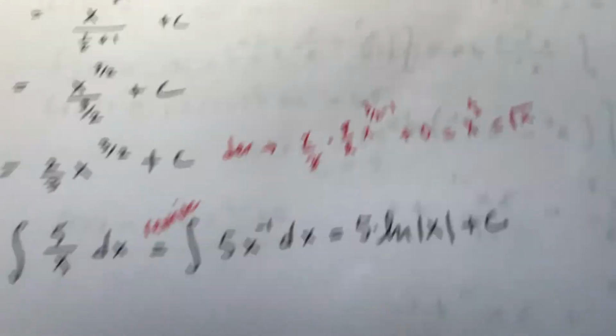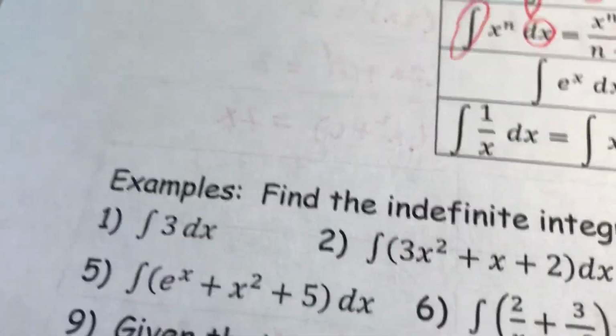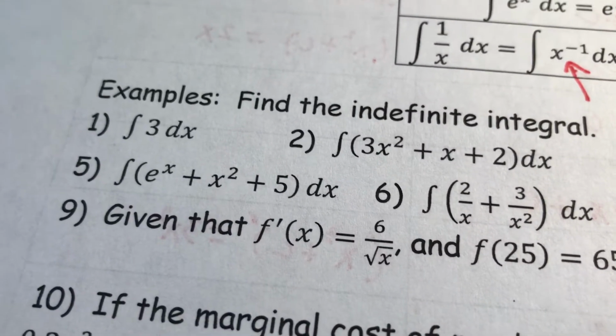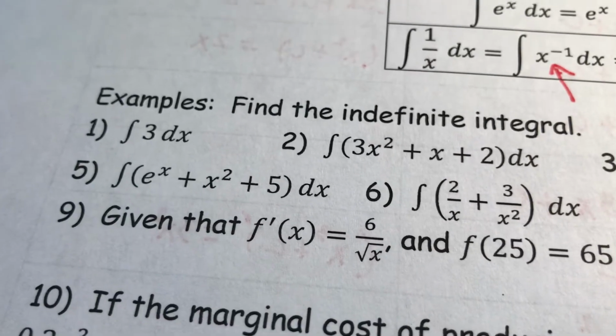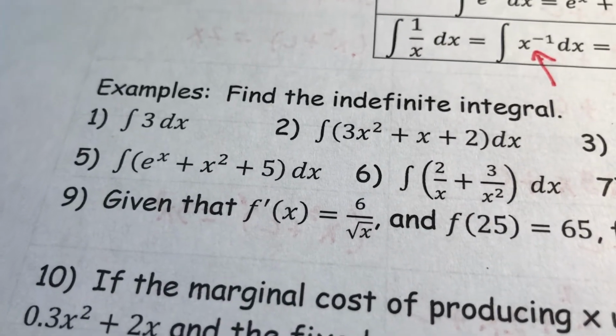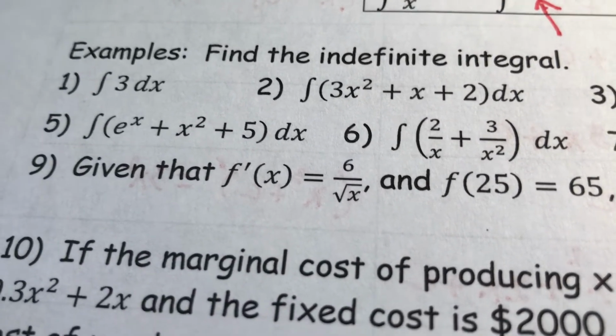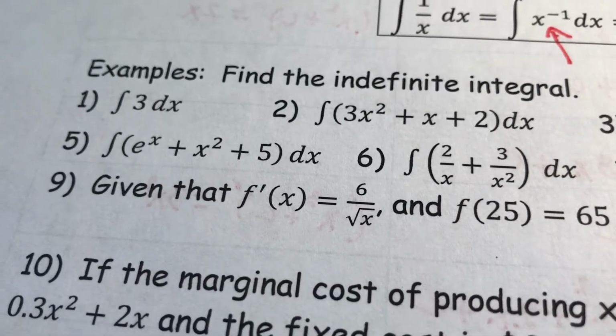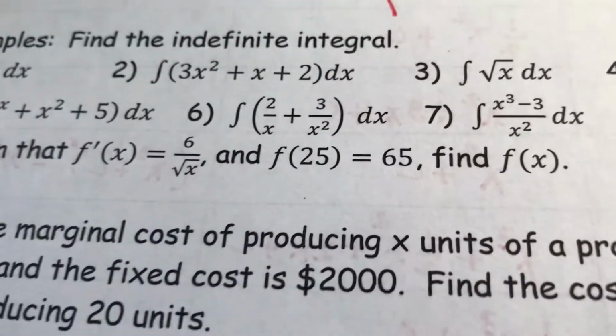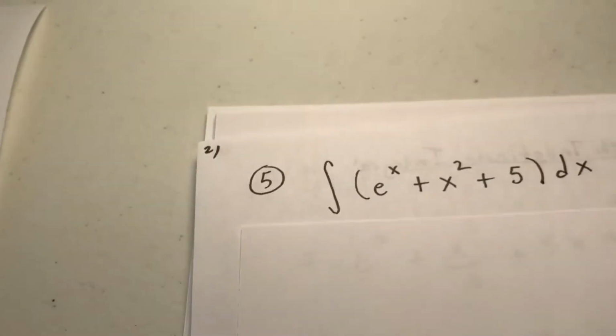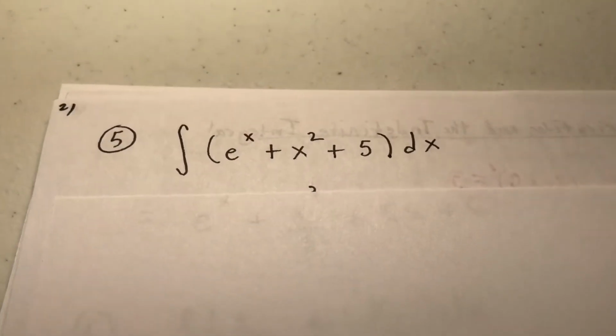Let's take a look at number 5. We're on a roll. So 5 is the integral of e to the x plus x squared plus 5. Now we write it down.